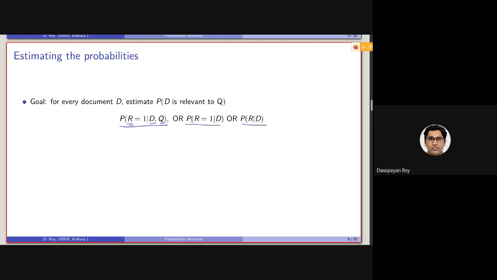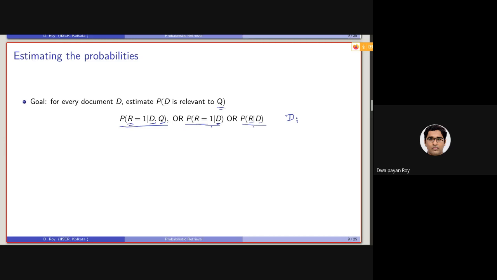This can also be written as probability of relevance given the document. Here you can see we have excluded Q because Q is considered for all the documents, all the Dis in the collection, right?